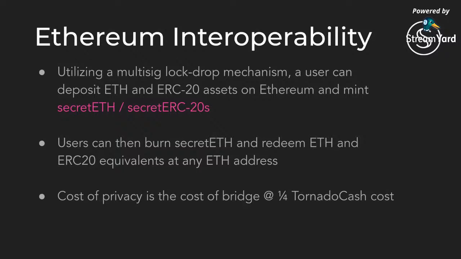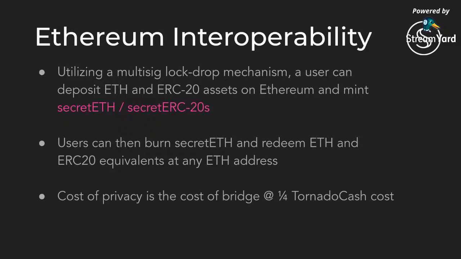Another thing we did is building a bridge from Secret Network to Ethereum. So people can actually send Ethereum to the Secret Network, perform transactions, and play around on the Secret Network.